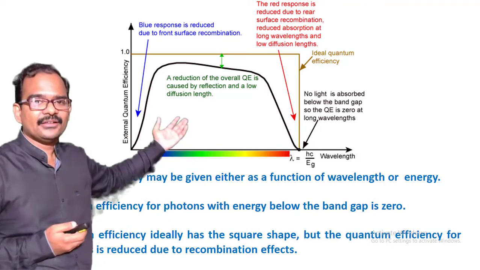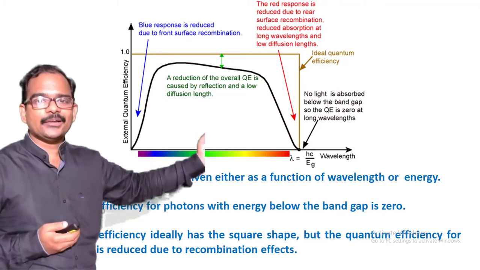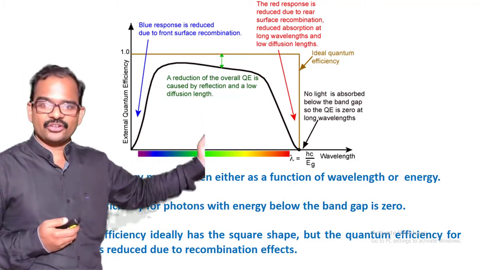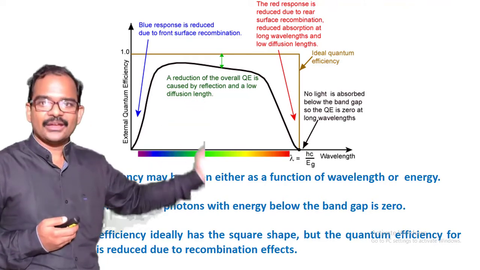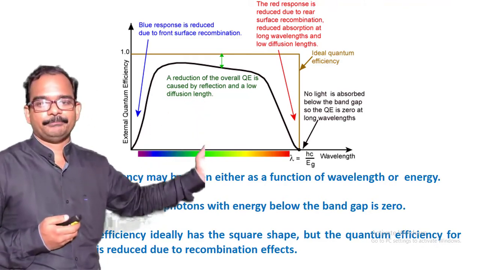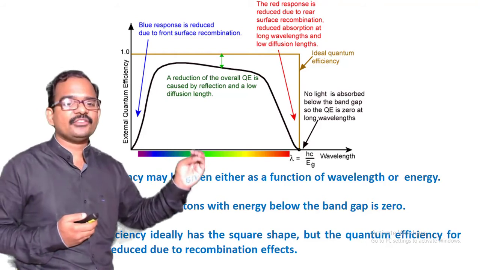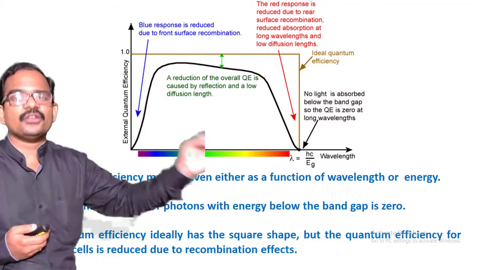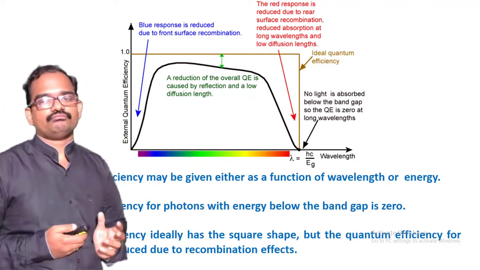You can see in the figure that the yellow one is an ideal quantum efficiency, assuming there are no reflections, no transmissions, and no recombinations. But the quantum efficiency for most solar cells is reduced due to recombination effects. Right?